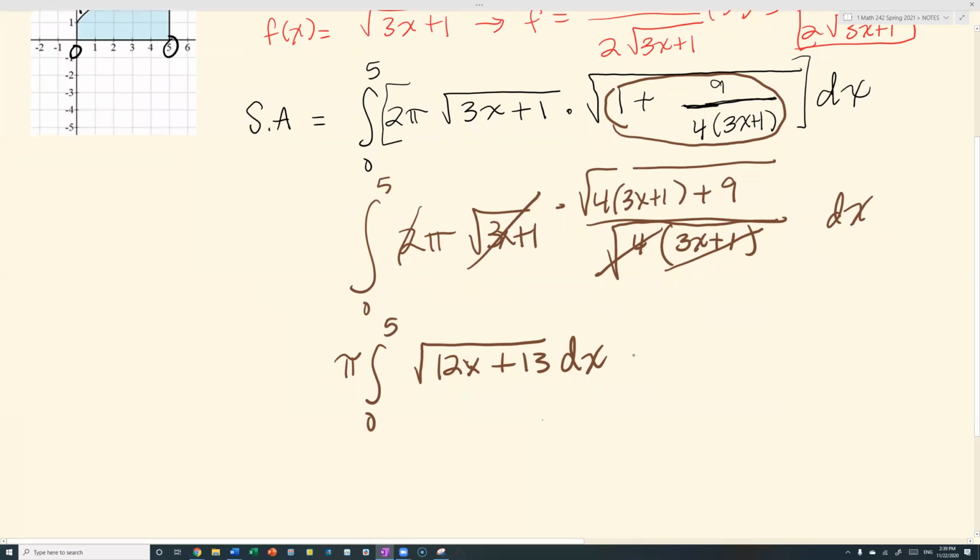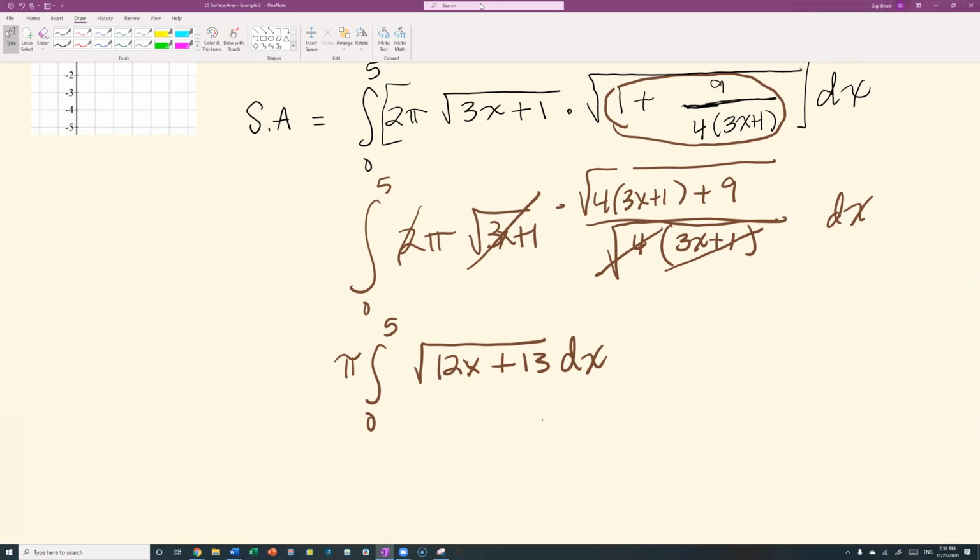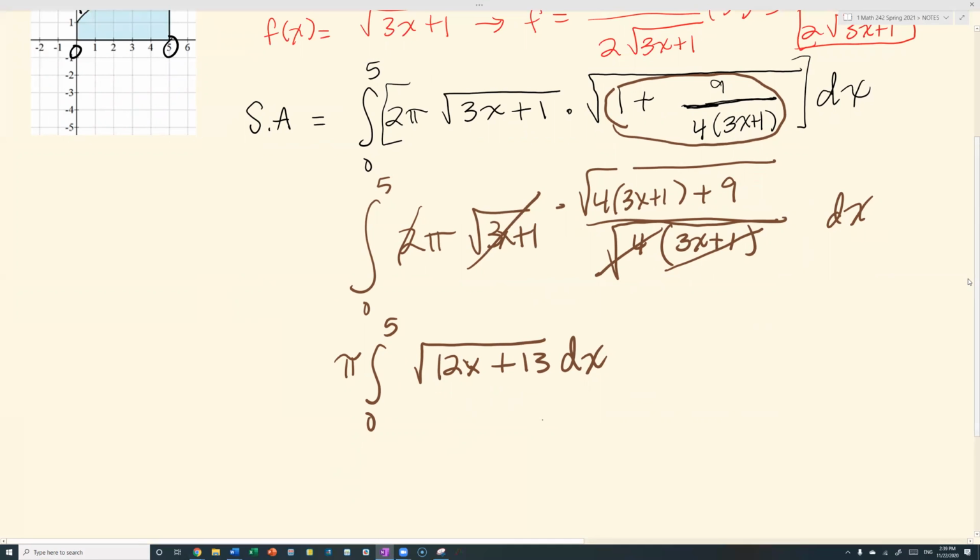And then we're going to do a little u substitution. If you can see that with our u substitution, that's great. If you don't, we can go on the side and do a little u substitution here. Let u be 12x plus 13, so that du is going to be 12 dx, or dx is going to be 1 over 12 du, right?